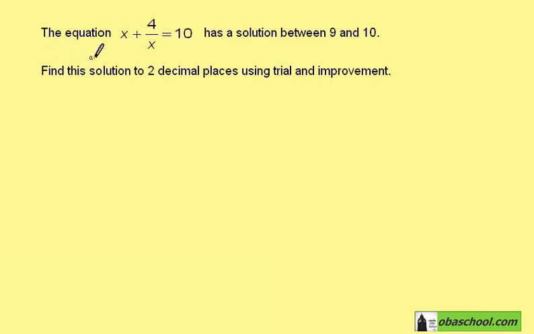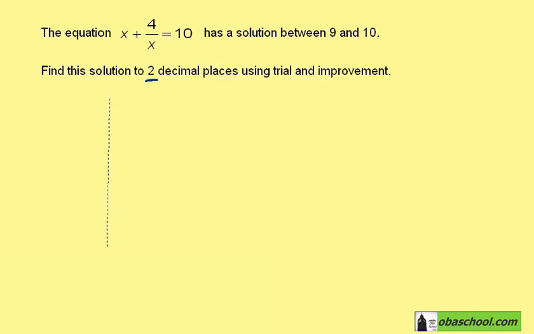The equation x plus 4 over x equals 10 has a solution between 9 and 10. We want to find this solution correct to 2 decimal places using trial and improvement.